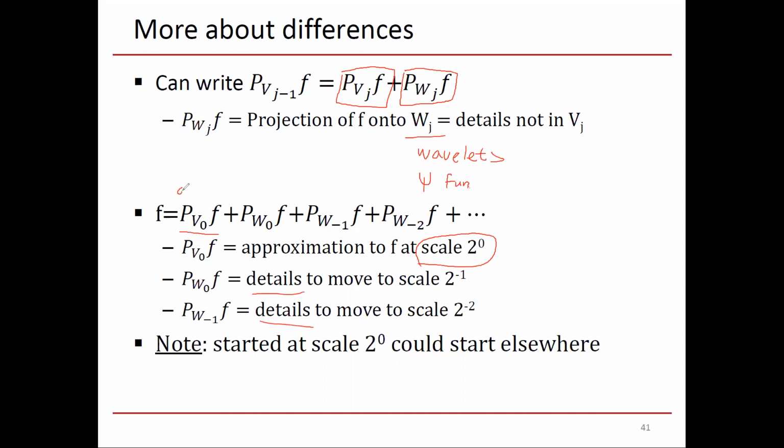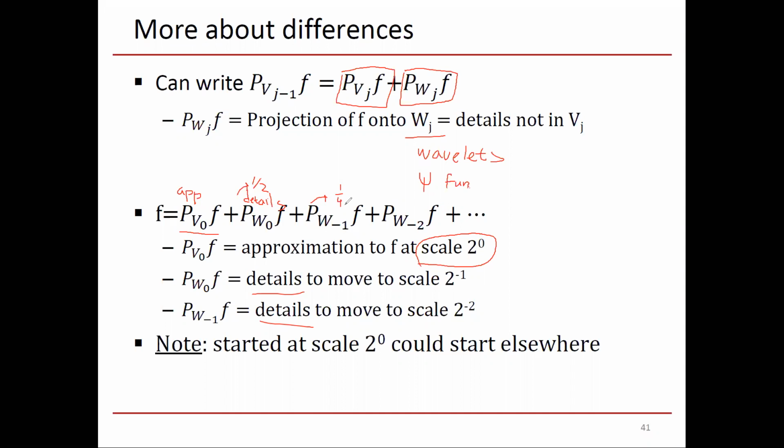So this is the approximation at scale 2 to the 0 is 1, plus details moving us to the next scale, half. So we're shifting to half. And then PW minus 1 shifts us to a quarter. And we're shifting to finer and finer scale every time that we're adding in these projected versions of f.